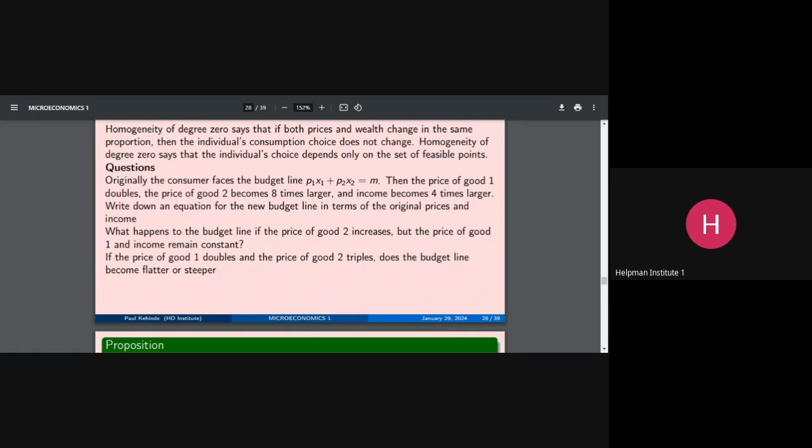Then if good two is decreased, the slope will become steeper, moving closer to the y-axis. So you have a very sharp slope moving towards the y-axis if it is decreased.